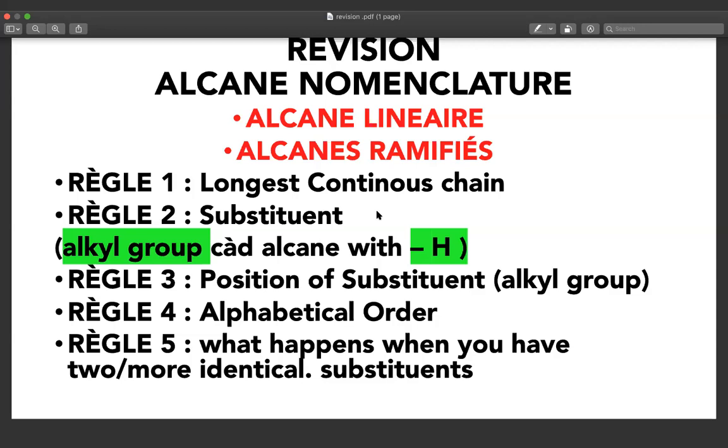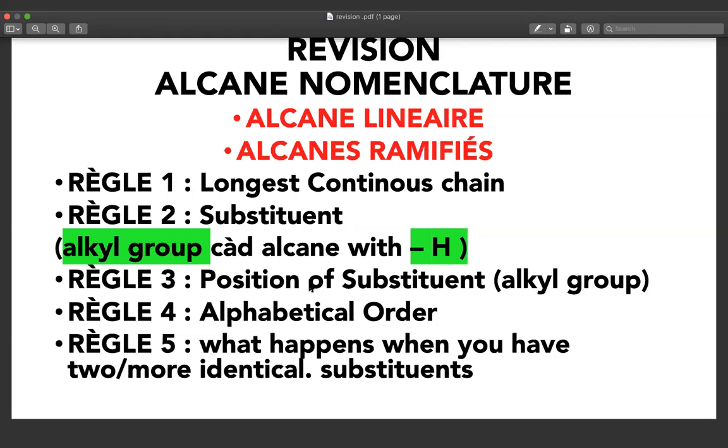Then the last one where we ended was, take for instance, you have an alkane that is ramifié. Then you have 2 different substituents. Take for instance, methyl and ethyl. So we said you are always supposed to arrange them in alphabetical order, regardless of the index. The index is the number, which is règle number 3, the position of the substituent.